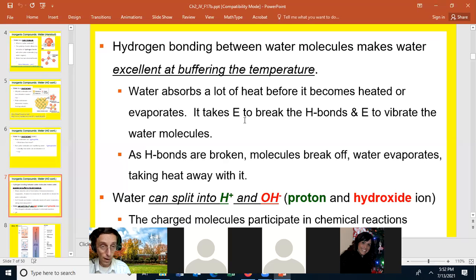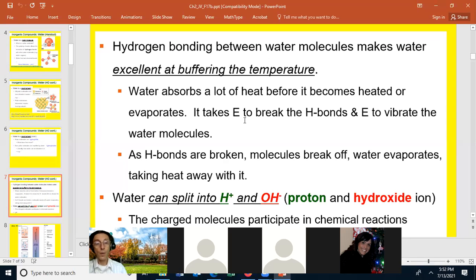And so because water can absorb more energy than most other substances, we say it is excellent at buffering the temperature. For those of you in Western Oregon and Washington, the reason why we have such a mild climate is because we're near the Pacific Ocean, and all that water helps buffer the temperature. Any question about any of that?